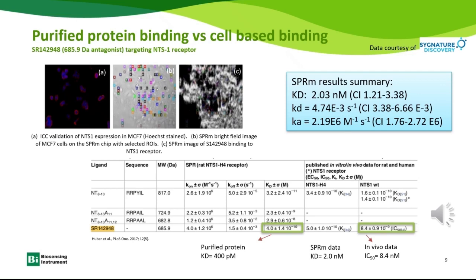So apparently we see some difference between the purified protein and the cell-based work. Actually, we have seen a general trend: the affinity measured with the purified protein usually shows a stronger affinity compared to the cell-based measurement. Overall, the results agree fairly well between the different techniques.